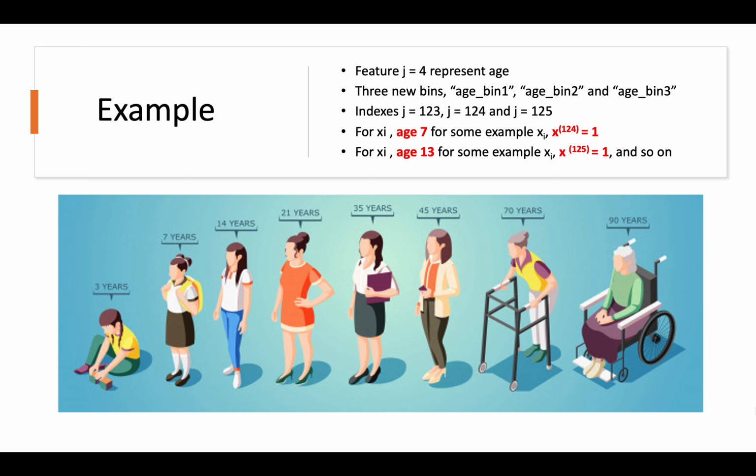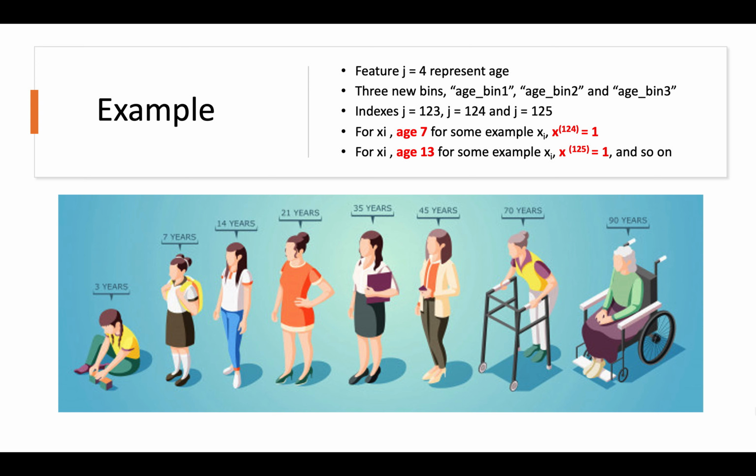Now, if x i4 is 7, for some example xi, then the new feature x i 124 is going to be equal to 1.